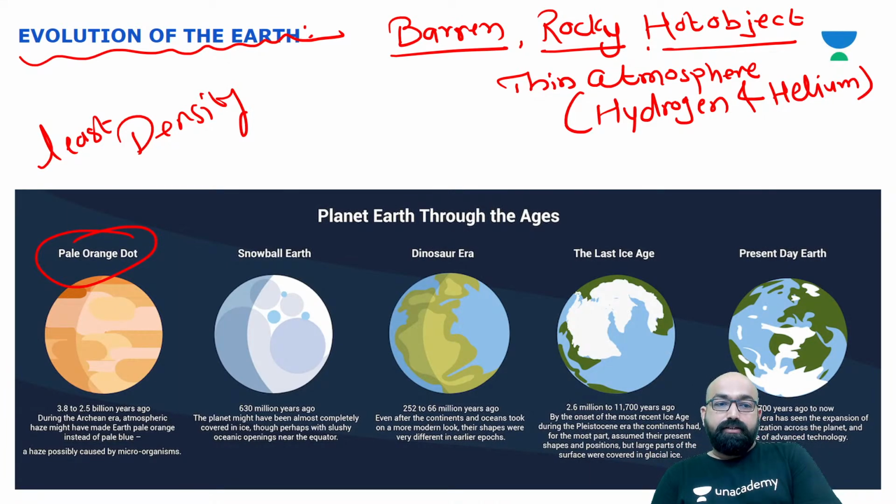During the Archean era, atmospheric haze might have made earth pale orange instead of pale blue. A haze possibly caused by microorganisms.